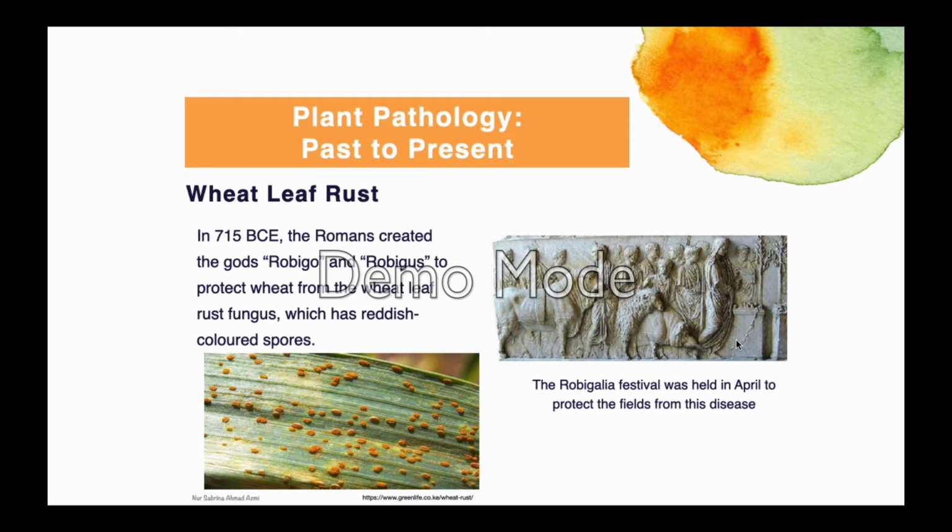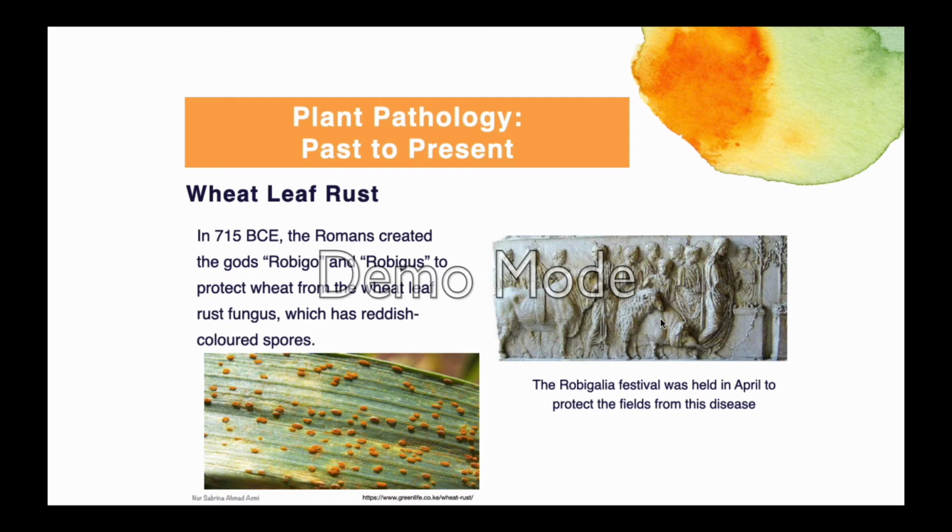This celebration was also known as the Robigalia Festival, and it was held in April. During this festival, they would make sacrifices to satisfy their god, so that their god would protect their yield, their fields, from the disease. So as you can see, because of the occurrence of the disease, it actually changed people's beliefs.